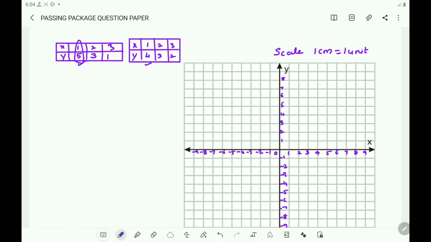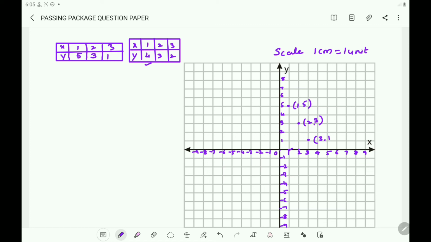Now let us mark the points. First one is 1, 5. 1 is here and 5 comes here. This is 1, 5. Then second one is 2, 3. 2 is here, 3 comes here. This is 2, 3. Then next 3, 1. 3, 1 is this one.